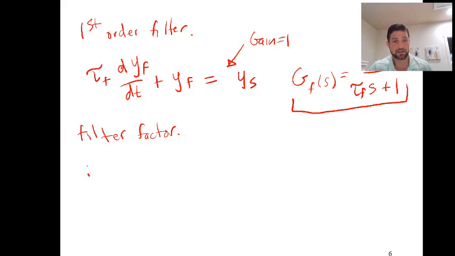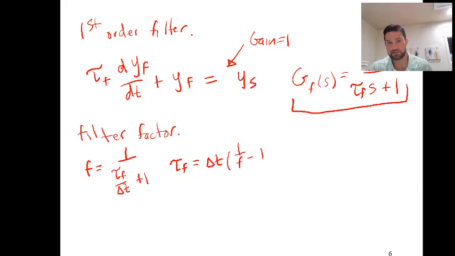The filter factor is defined as f equals 1 over tau f over delta t plus 1. We are also going to need this later: we can rearrange and solve for tau f in terms of f, and this is going to be delta t over 1 over f minus 1.